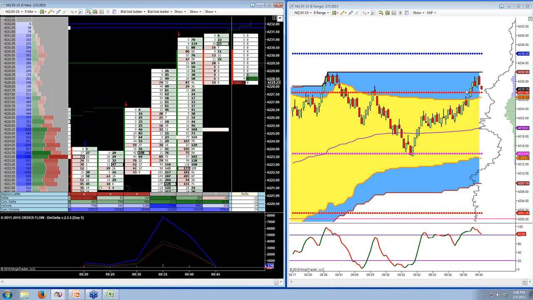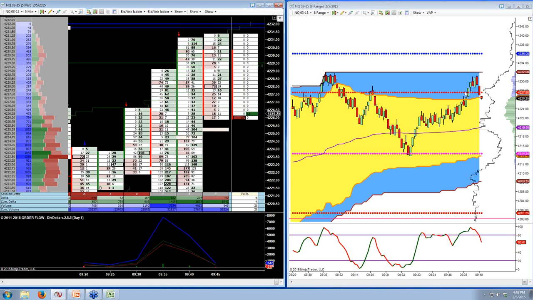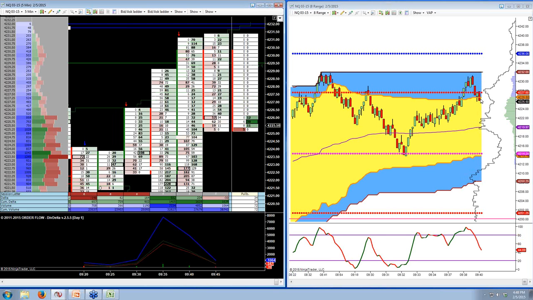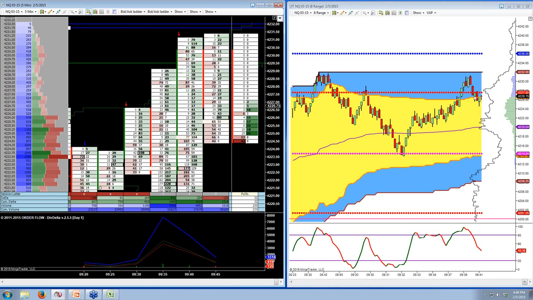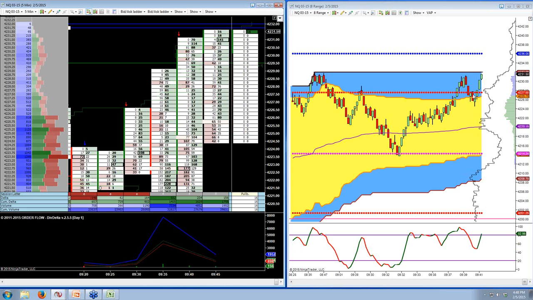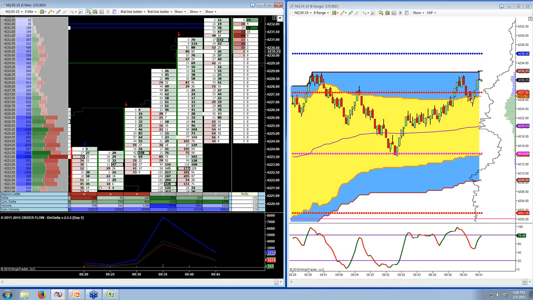Or the next option is you can go ahead and buy off this red area from previous day's value area as long as you've got positive delta. Here, now we're waiting to see, we've got negative delta, we could go ahead and short this. Right here. If you got negative delta, you're going to short it. If you got positive, you're going to buy it.